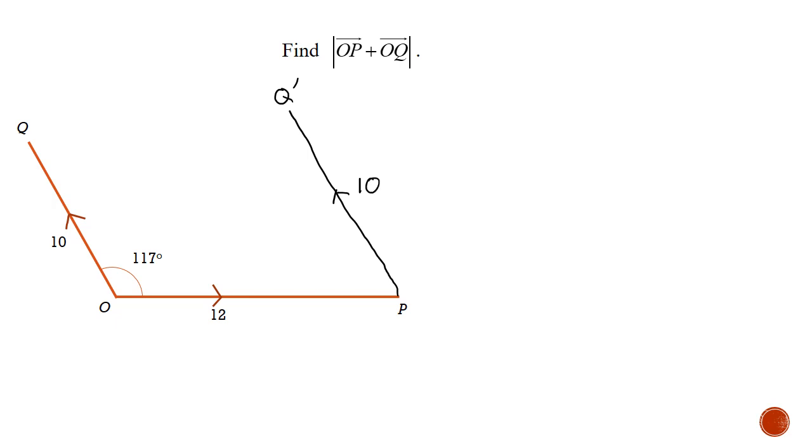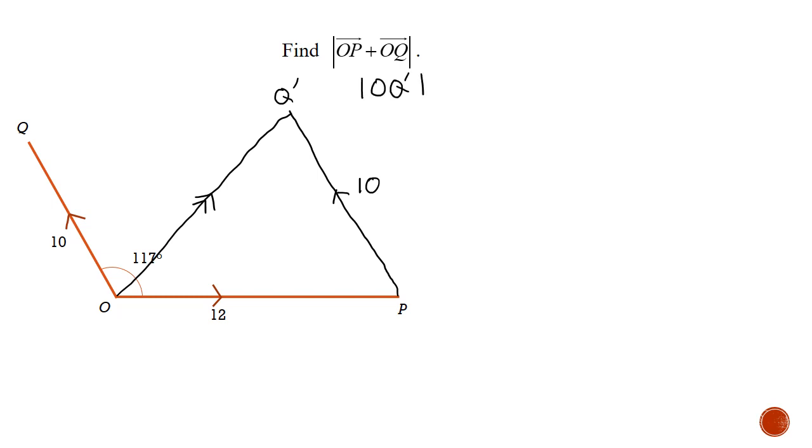So we can now add OP with PQ prime, which is exactly equal to OQ. Now, the addition of OP with PQ prime is actually giving us the resultant vector OQ prime.